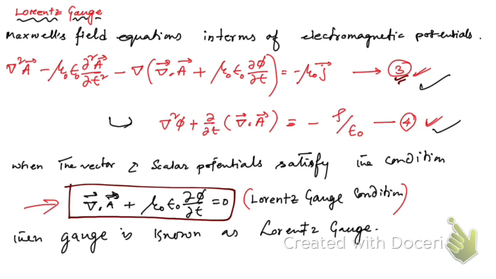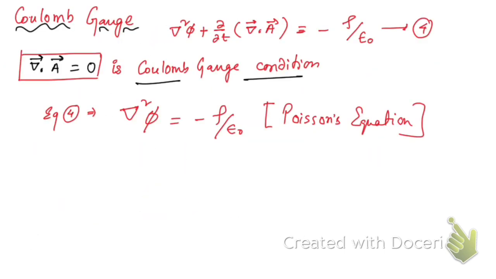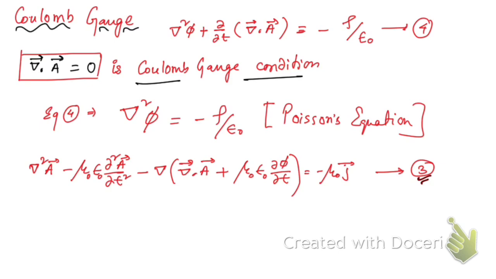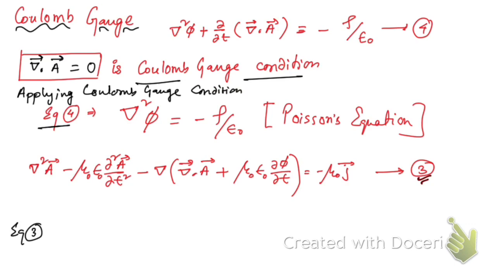Applying the Coulomb gauge condition, equation number 4 becomes this, and in equation number 3 this part is equal to 0.